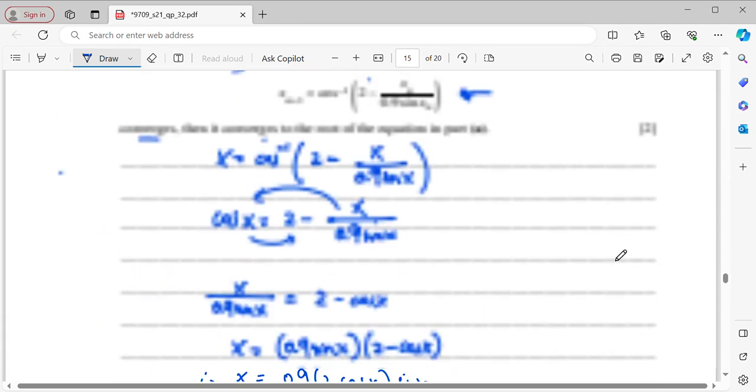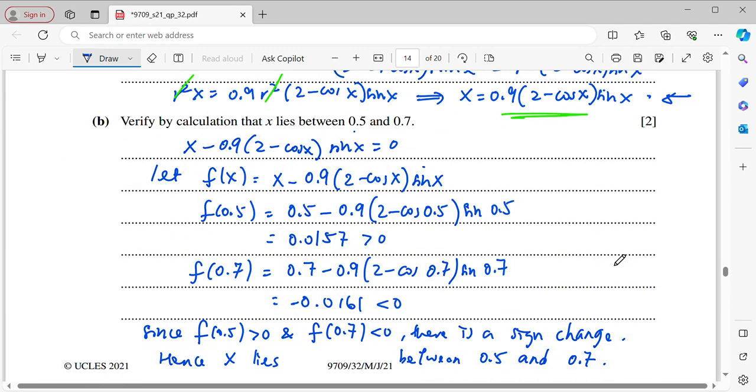Right, so from the previous calculation, from part B, we know that the x lies between 0.5 and 0.7.